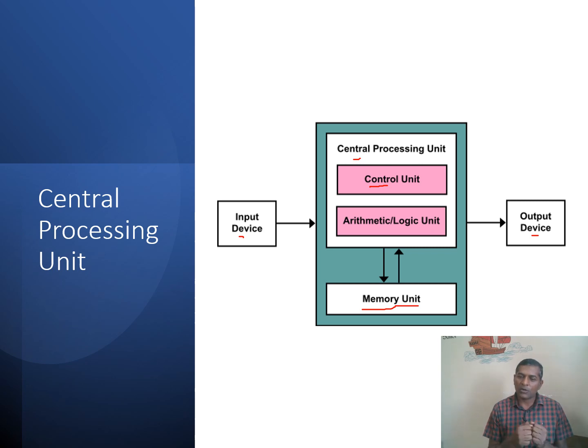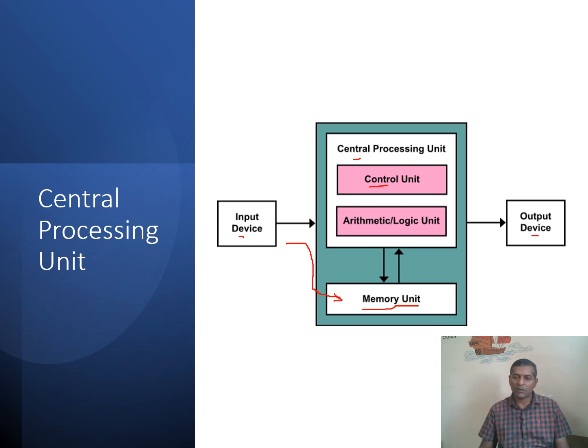You have written a program in the C programming language, and that has been saved in the memory, and then we say to execute. Who will execute? The processor will execute. The information from a keyboard will be communicated and stored in the RAM.